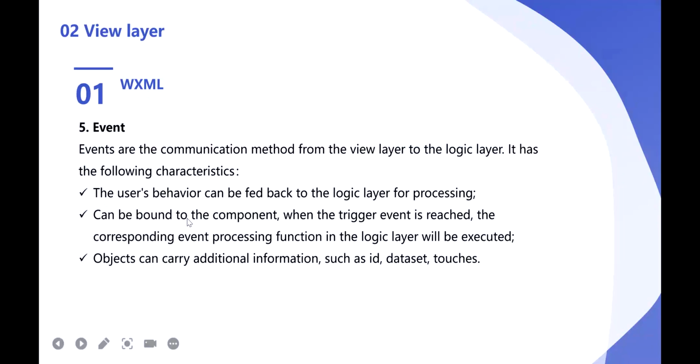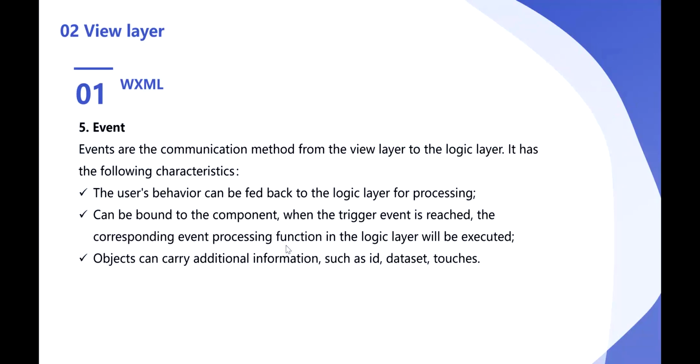Second one is that events can be bound to the components. When the trigger event is reached, the corresponding event processing function in the logic layer will be executed. And third one is that events can carry additional information such as ID, data types, touches.